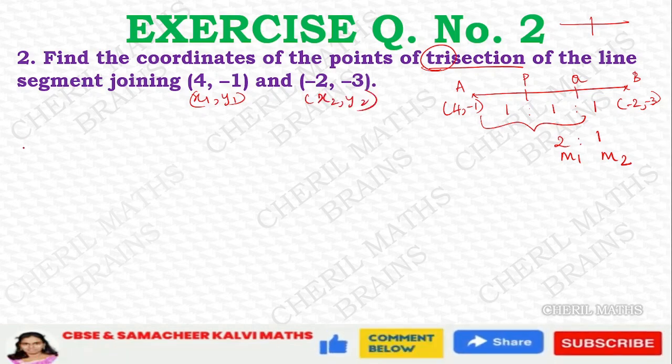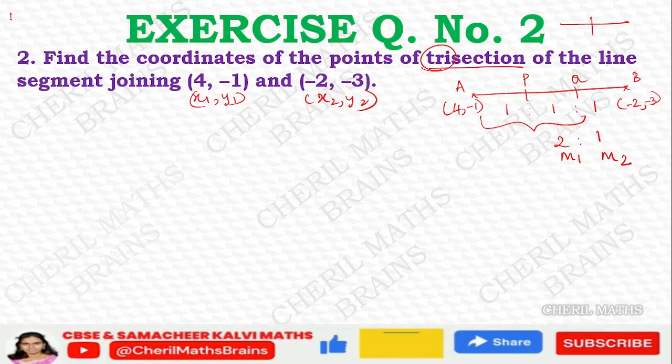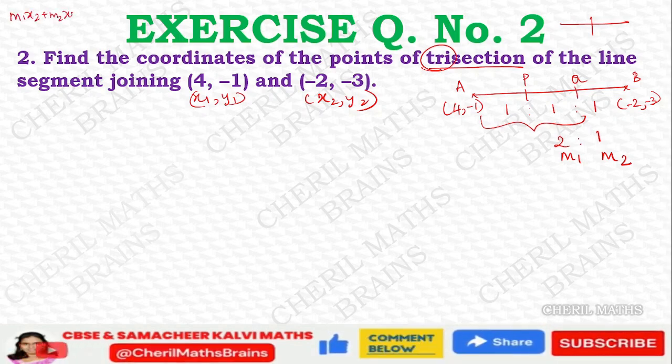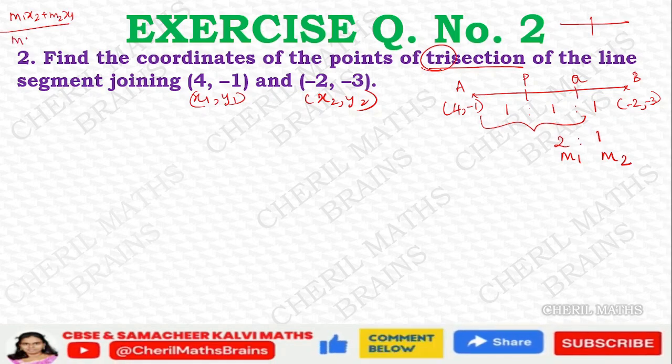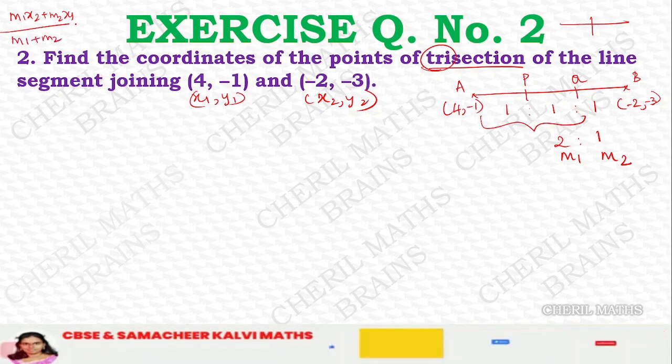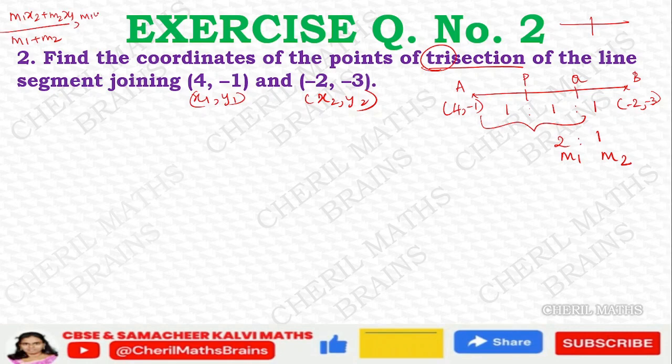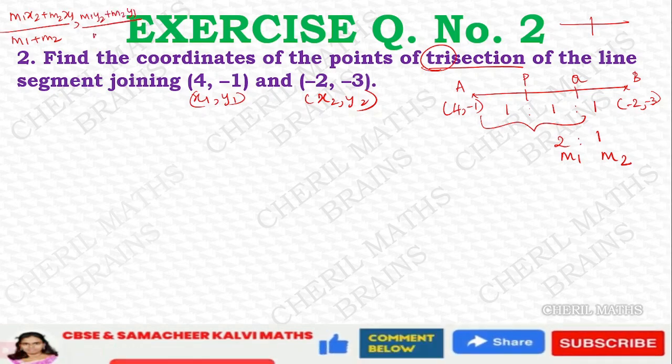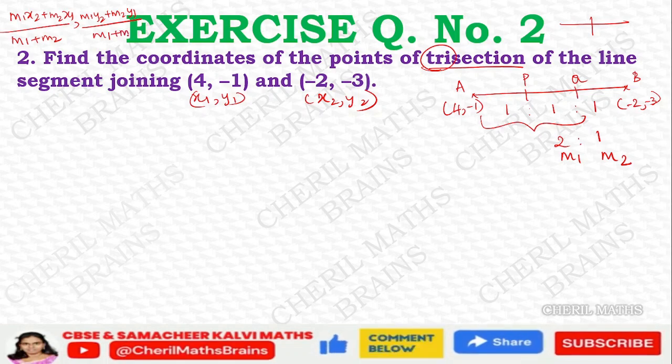Now applying the section formula: m1 x2 plus m2 x1 divided by m1 plus m2, comma, m1 y2 plus m2 y1 divided by m1 plus m2.